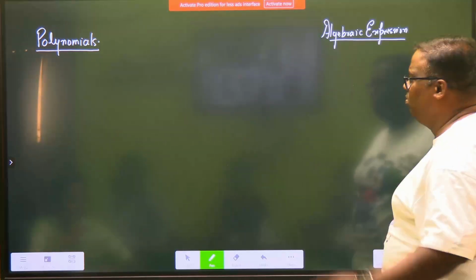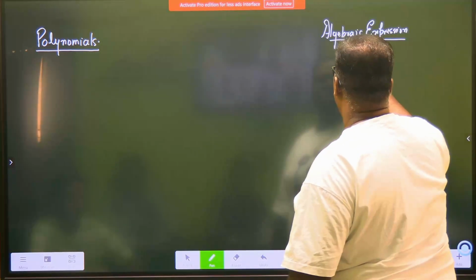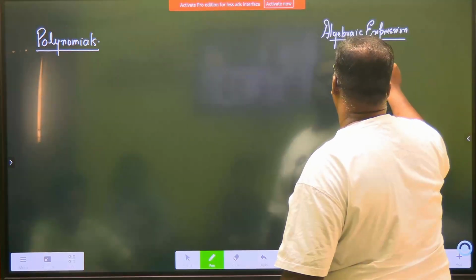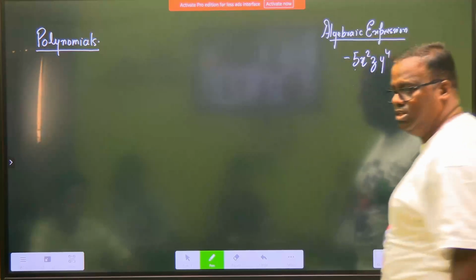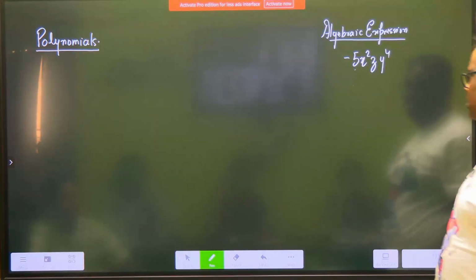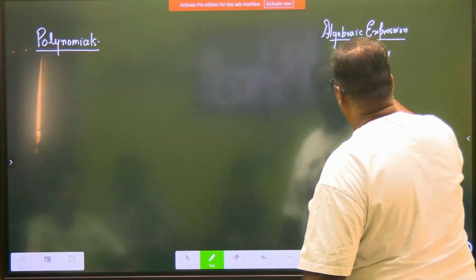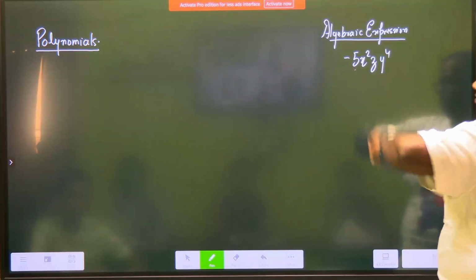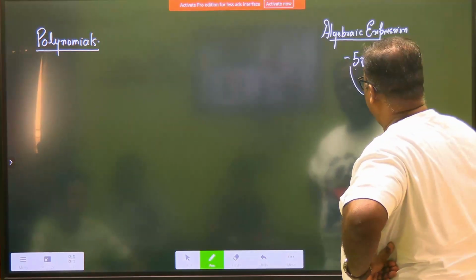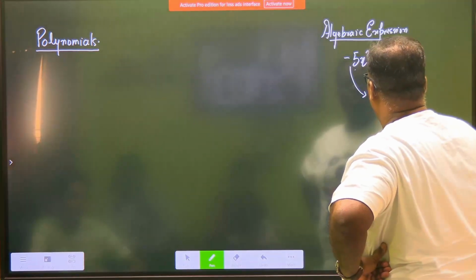Let me write one, just a standard algebraic expression, 5x square z and y to the power 4. Is this an algebraic expression? This is an algebraic expression, right? What is the coefficient of this algebraic expression? -5, not 5. So we know that this is known as my coefficient.